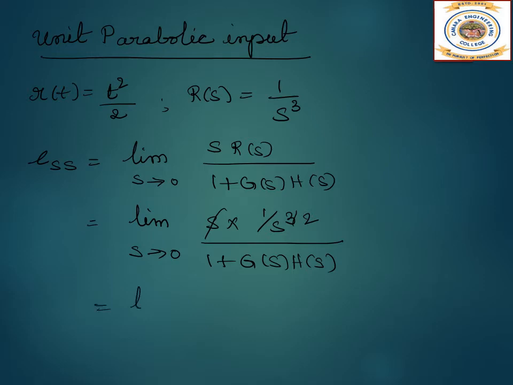So this will be limit s tends to 0 1 by s square plus s square g of s h of s. When I apply limits, the s square term will become 0. So what will remain? ESS will be 1 by limit s tends to 0 s square g of s h of s.